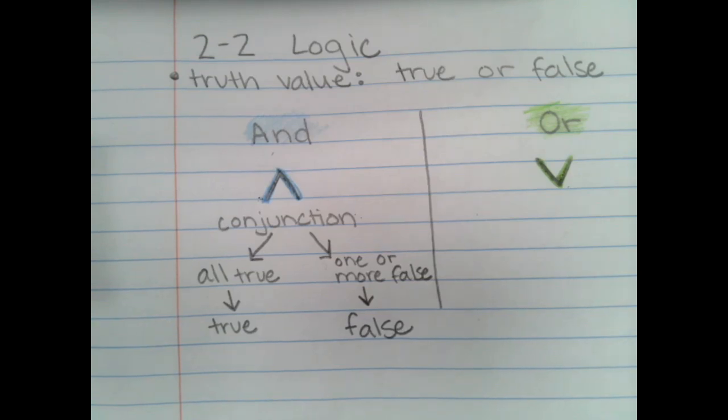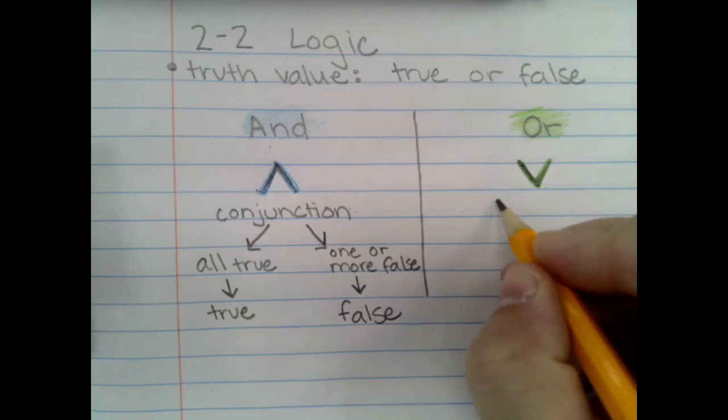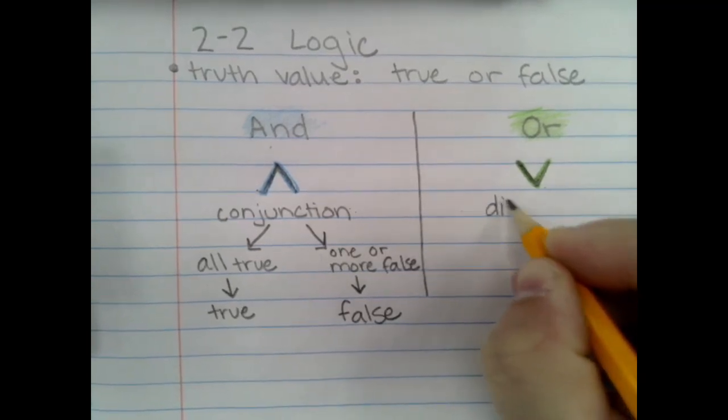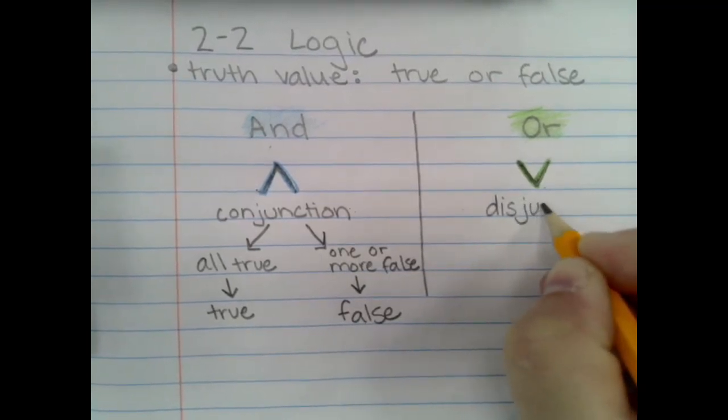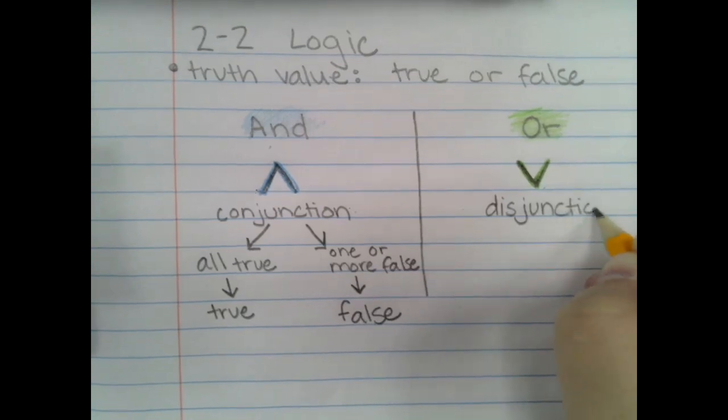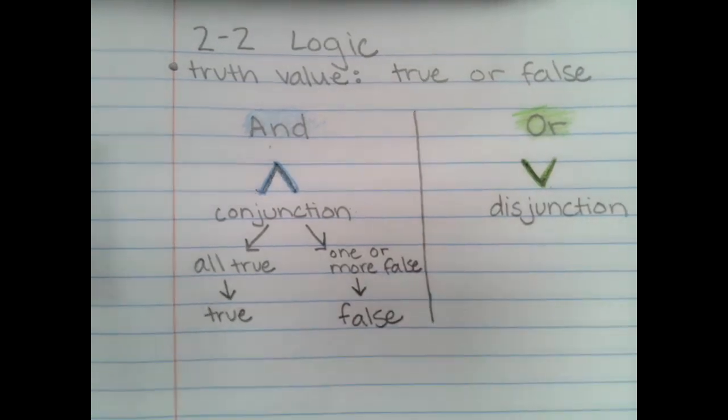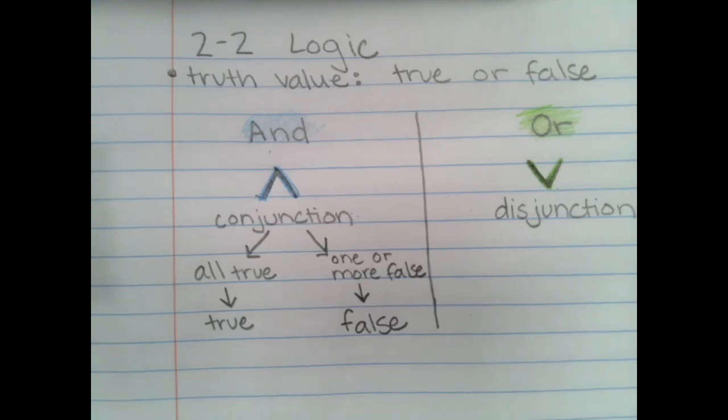Sorry. All right, an or is called a disjunction. Meaning it doesn't have to be together, it's a little bit more separated.